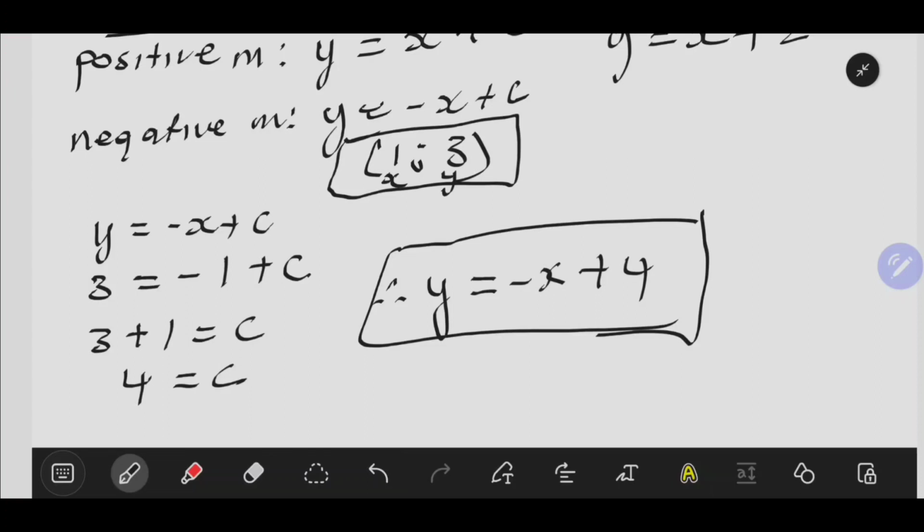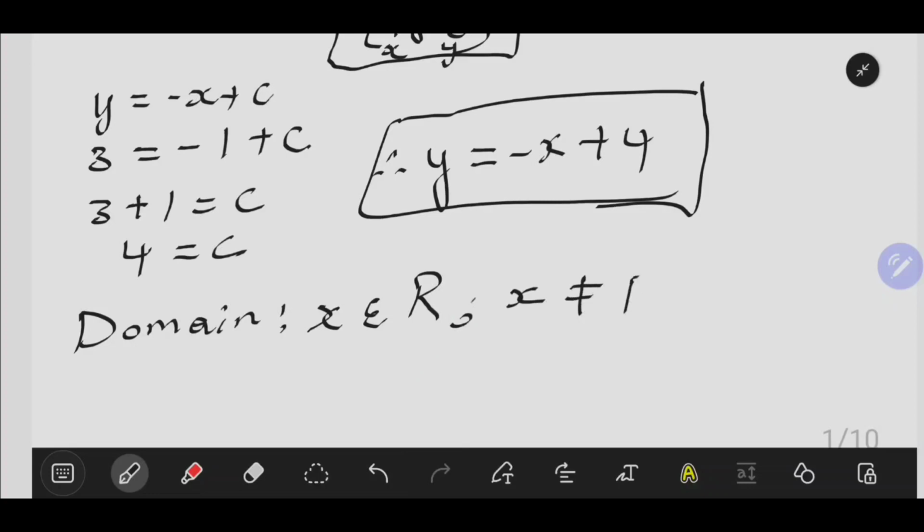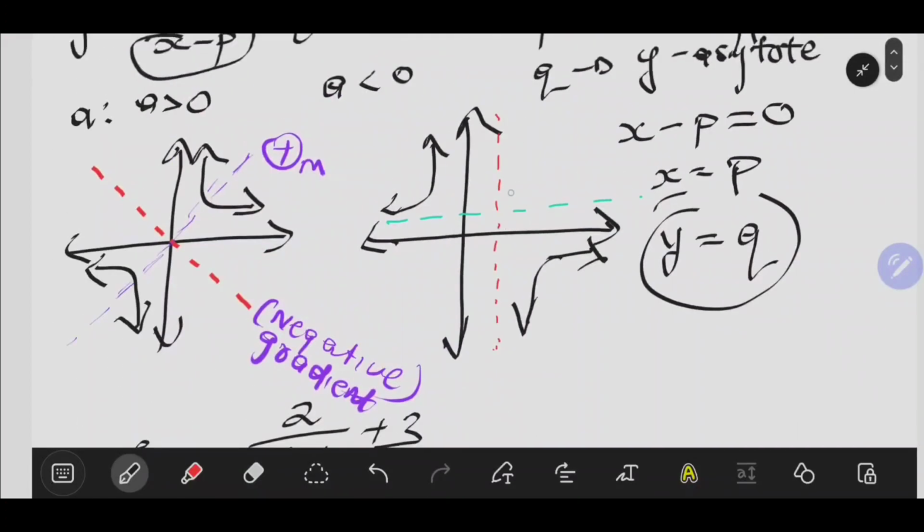When you are done with this, they can ask you to determine the domain and the range of a hyperbola. To determine the domain of this graph, we say that x must always be a real number, but x must never be equal to the x asymptote, because where there is an asymptote, the graph is not defined.